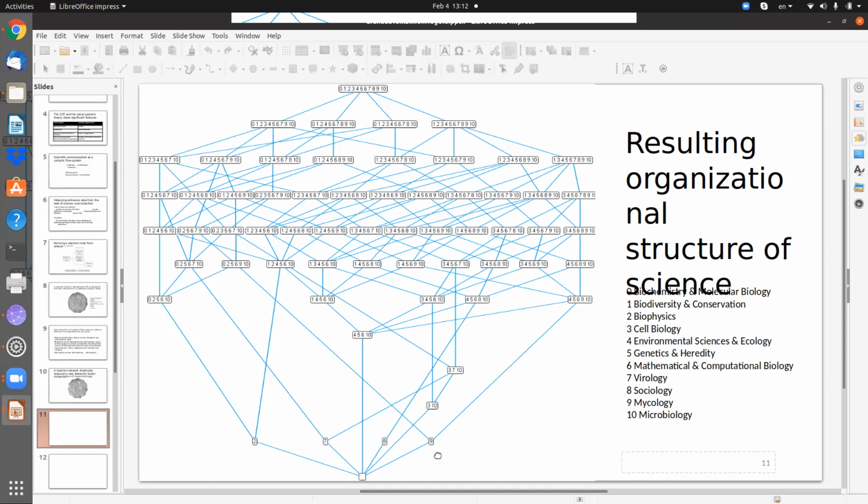For example, just because of the selection of my data, of course, sociology could potentially operate on its own. And the same would be true for mycology. But here, cell biology at least needs microbiology and vice versa to exist.